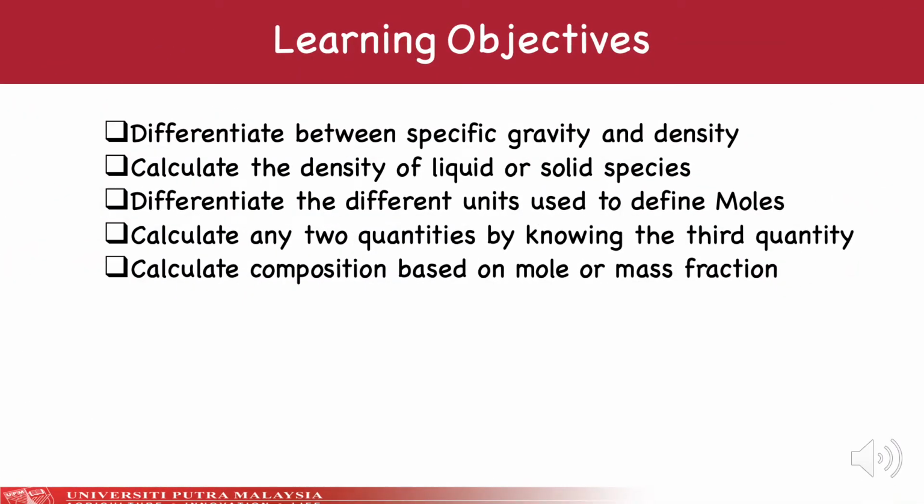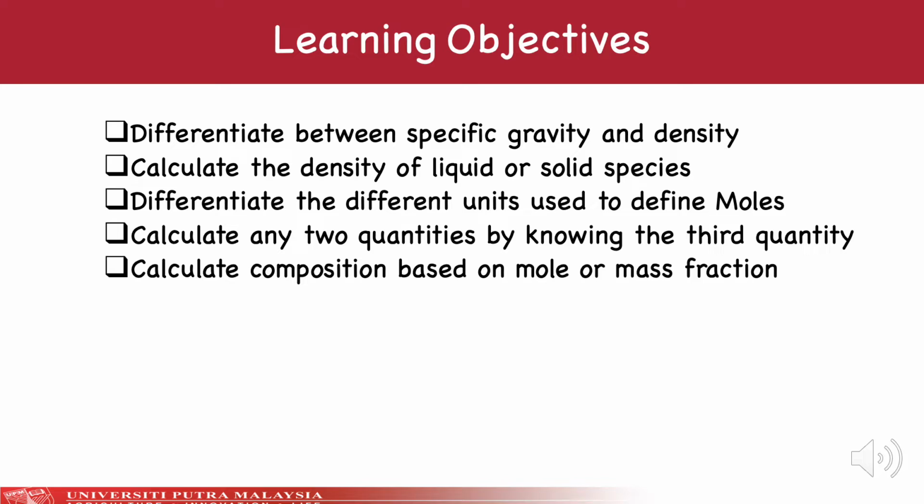But for today, we are going to look into very specific parameters that influence the properties of our process fluid. For example, the density and its associated specific gravity, the property of the liquid, solid, or gaseous species that we are handling, for example, their mass and moles and relative parameters, for example, mass fraction, mole fractions, mass flow rates, and mole flow rates.